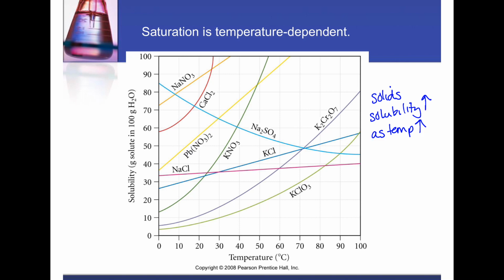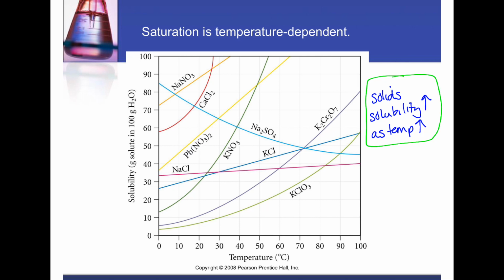If I tried to let the tea cool down first and then add the sugar, all the sugar falls to the bottom and won't dissolve. So I know in my everyday life that solids like sugar and salt tend to be more soluble in warm liquids than they are in cold liquids. So that's the rule of thumb. For solids, the solubility increases as temperature increases.